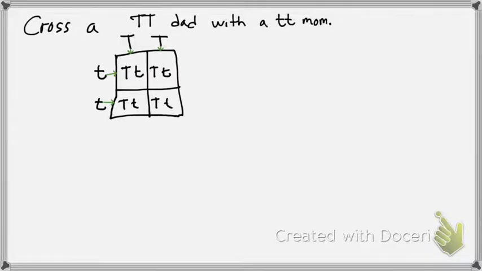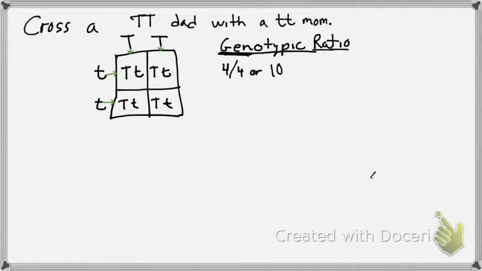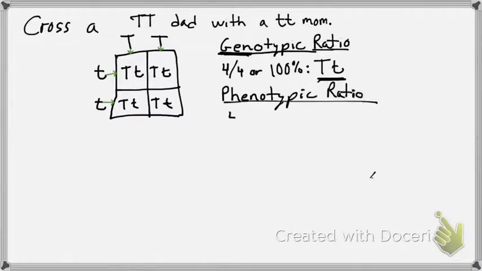And so this is telling you the probability of their children, their offspring. This is telling us, and we'll talk about this in terms of genotypic ratio and phenotypic ratio, that the genotypic ratio means that 4 out of 4, or 100% of their kids, are going to be heterozygous. They're going to have one dominant allele and one recessive allele. Phenotypically, 4 out of 4, or 100% of their kids, are going to be tall.